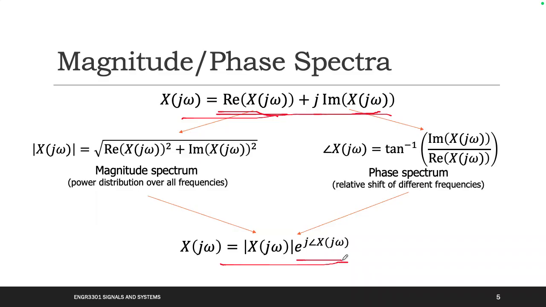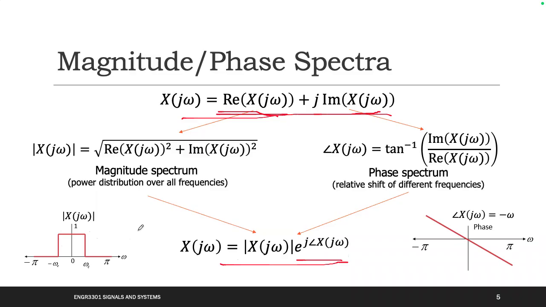Okay, if you try to draw the magnitude, you will find the magnitude is similar to this, and the phase is similar to this. Then the question is, what is the phase spectrum of a real FT function?